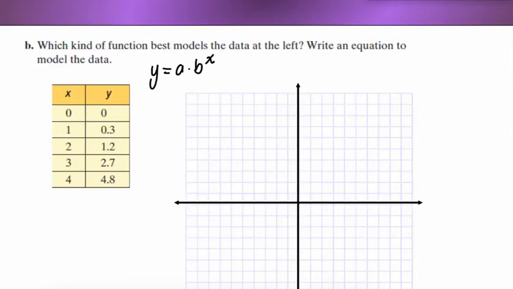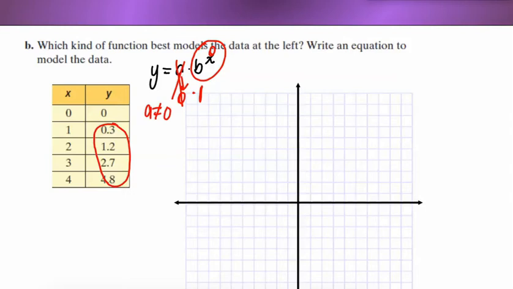If I put a 0 in for x, there's no way that I can get a 0 for y because b to the 0 is 1. And if a is 0, then all of my outputs are going to be 0. And you can clearly see that all of your outputs are not 0. So a cannot equal 0. We talked about that back in the exponential unit. So a cannot equal 0.